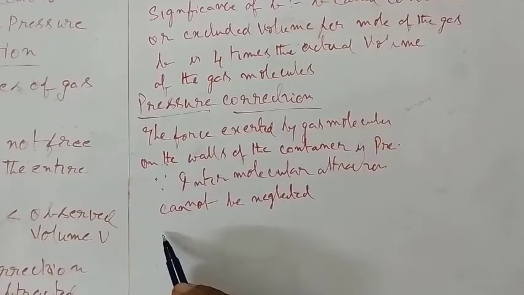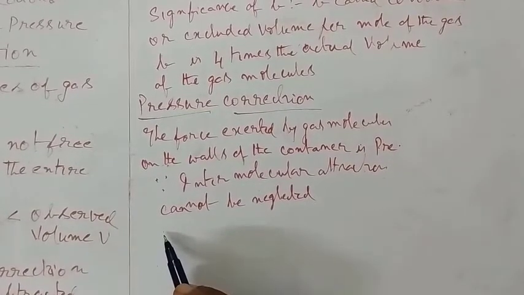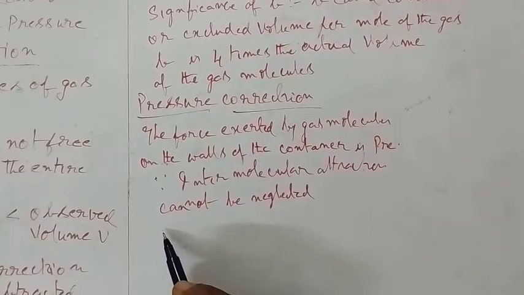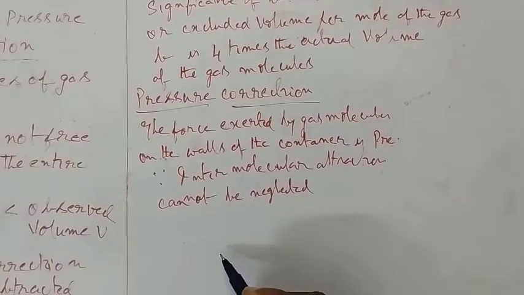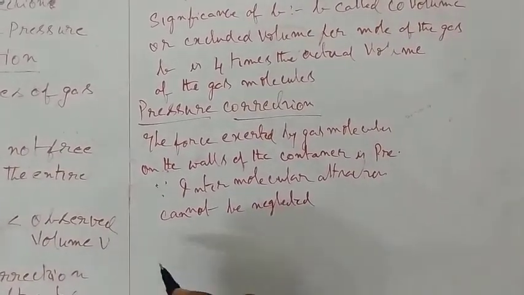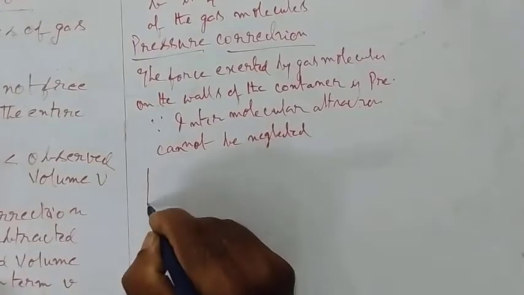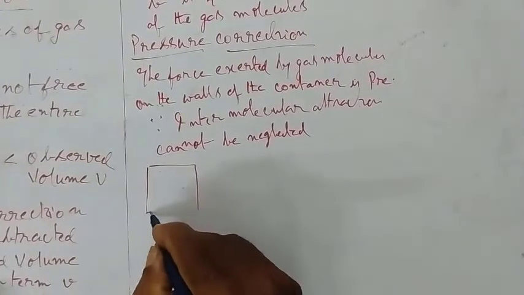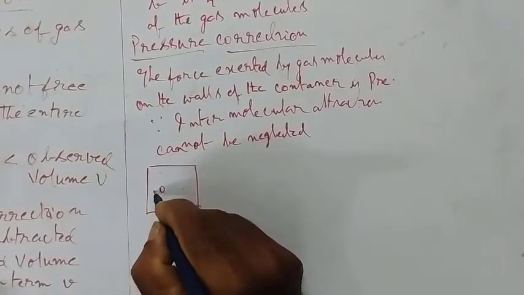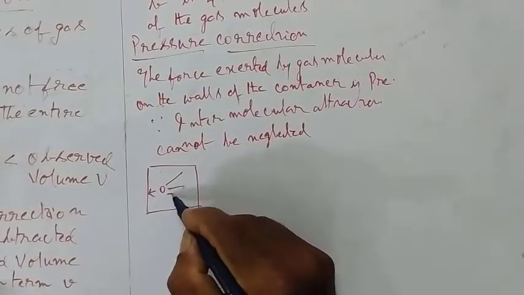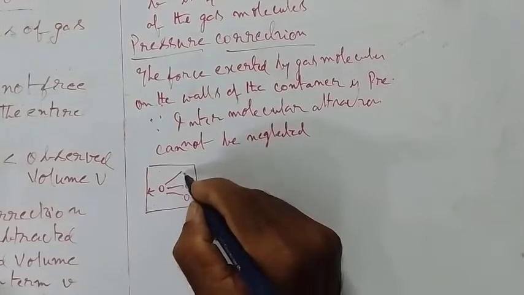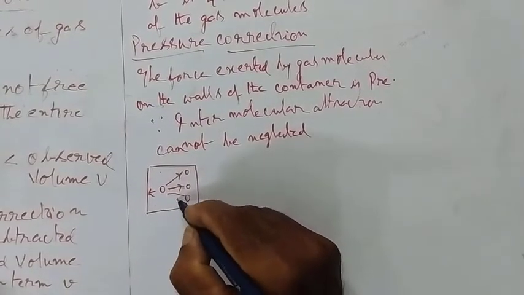The pressure exerted by the gas is nothing but the force exerted by the molecules on the walls of the container when they collide with each other and with the walls of the container. So due to the intermolecular forces, see here, this is the container and this is the molecule which is going to strike the walls of the container. Therefore, this molecule is attracted by other molecules. They pull in this manner.